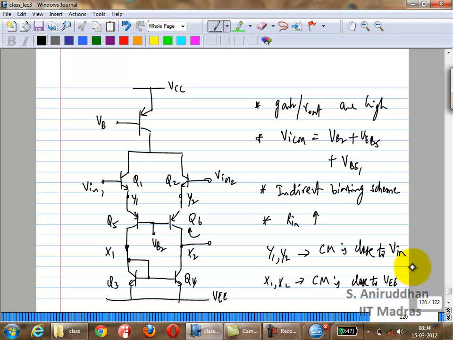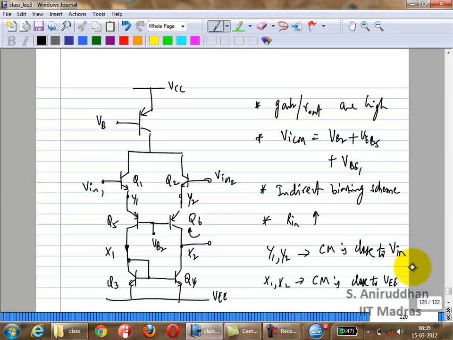So that means the other thing which your PNP pair, the PNP common base, has done is to actually do a DC level shifting down. Okay, it helps you to decouple your common mode and shift the DC level down.